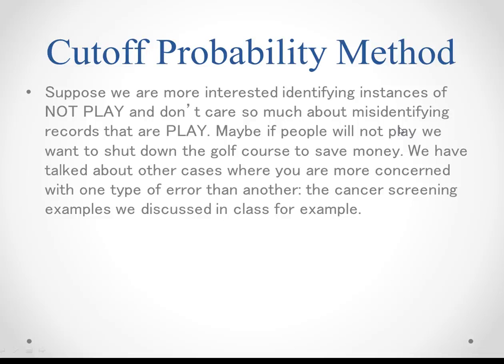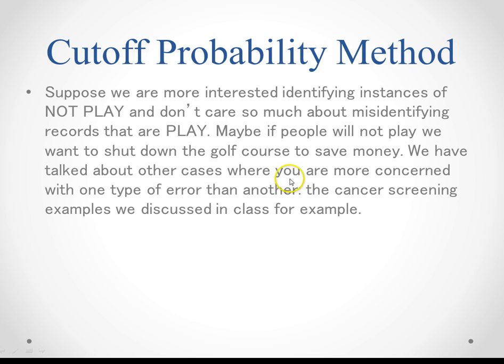So for some reason, sometimes when somebody comes in, we say they're not going to play and they actually play, but we don't want to miss the not plays. Okay, you understand? Now, I don't know why we would, but maybe if people don't play, we don't mind shutting down the golf course to save money or something. So maybe that's what we're concerned with.